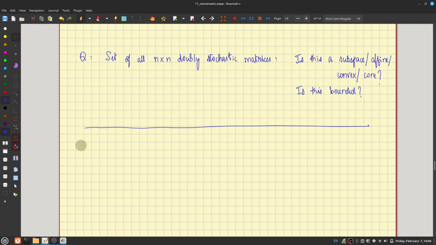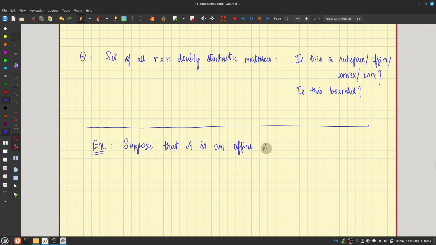Here's a simple exercise. Suppose that you have an arbitrary affine set. Take any affine set you want, and take any point, let's call it x naught, from this particular affine set.